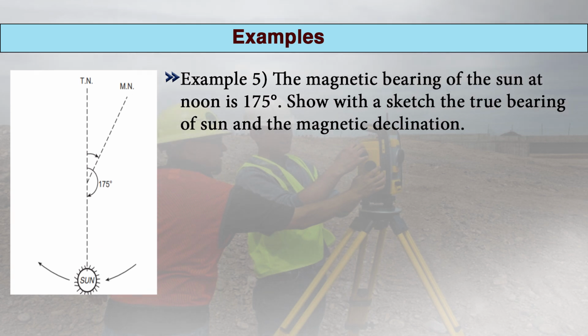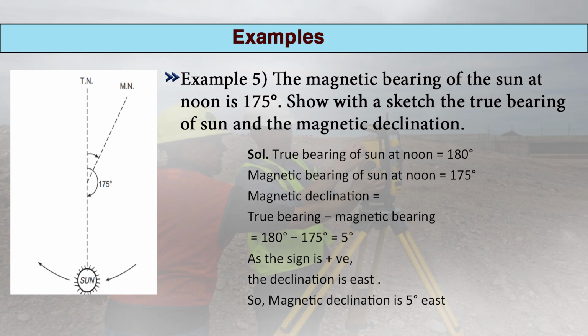Moving on to the fifth example, the magnetic bearing of the sun at noon is given as 175 degree. We have to show with a sketch the true bearing of the sun and the magnetic declination. As we already know, the true bearing of the sun at noon is 180 degree, and the magnetic bearing of the sun at noon is given as 175 degree.